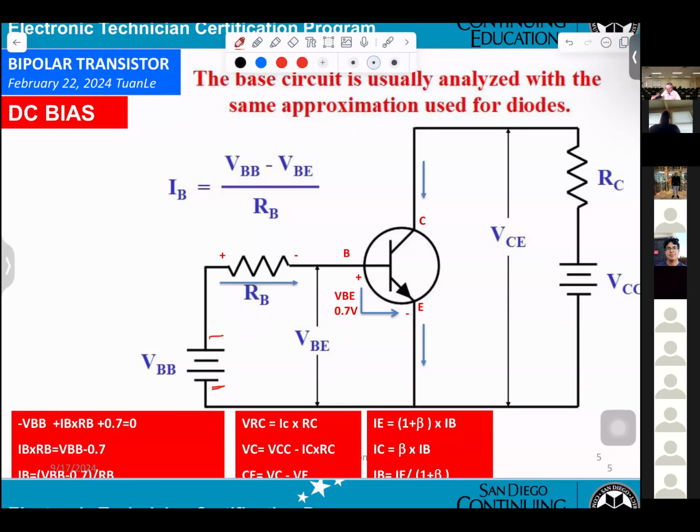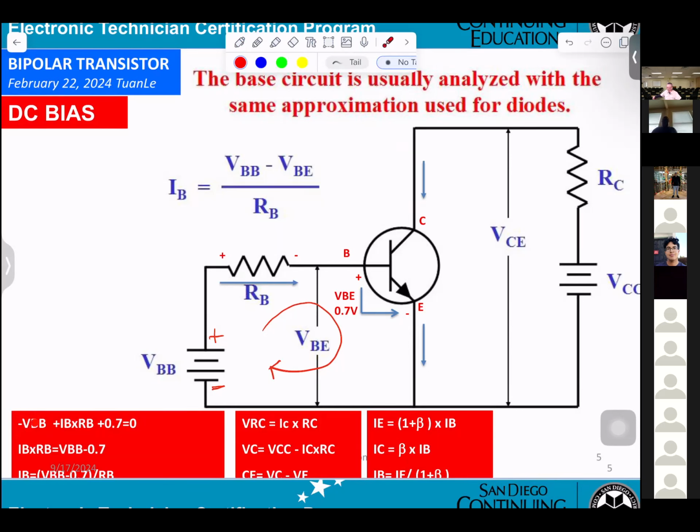This is the positive here. You want to draw the loop current, you go this way. When they hit into VBB, they hit into negative, so that's why you get minus VBB.